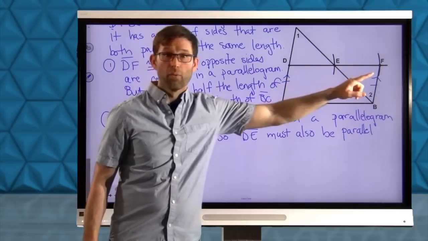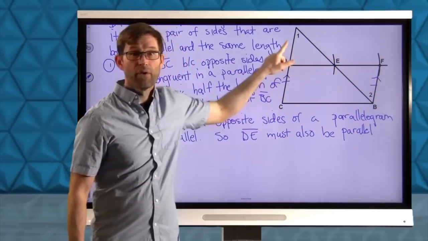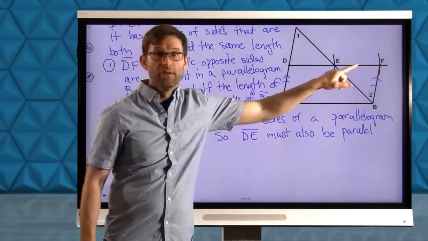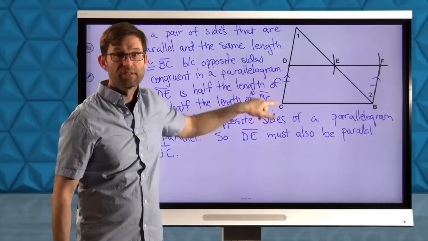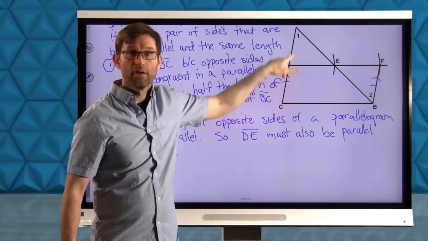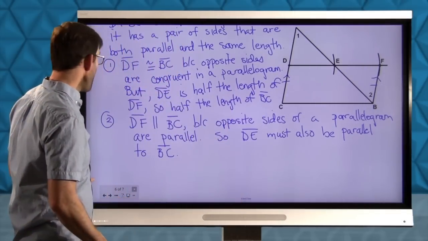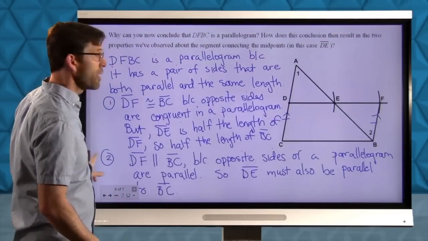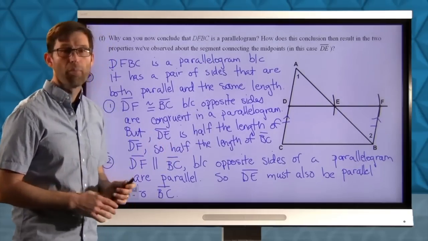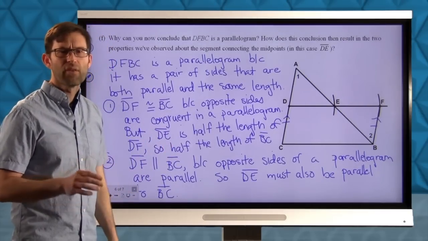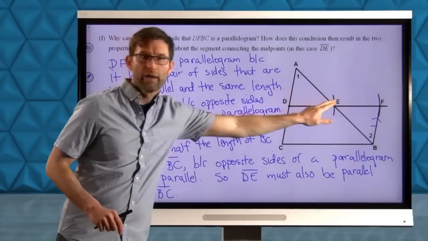That was similar to the argument we made before when we knew that BF was parallel to AC, so BF must be parallel to CD because CD was just a part of that whole thing. Isn't that kind of cool? Right? And what's amazing about the proof is how many different pieces it all puts together, right? It puts together things like congruent triangles.